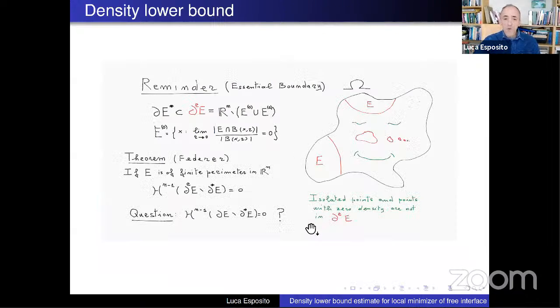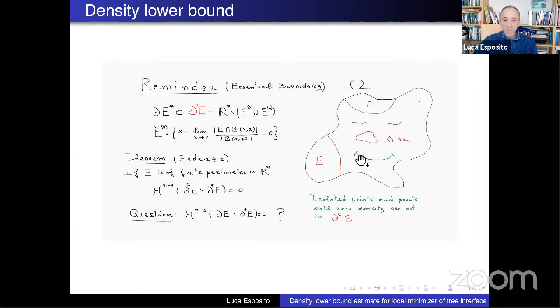And let's also draw a picture to comment about this definition. So here in red, you can see the set. I call this E instead of A, but of course it's the same. So you have the set E in red. And what is the essential boundary? The essential boundary is the one in red.